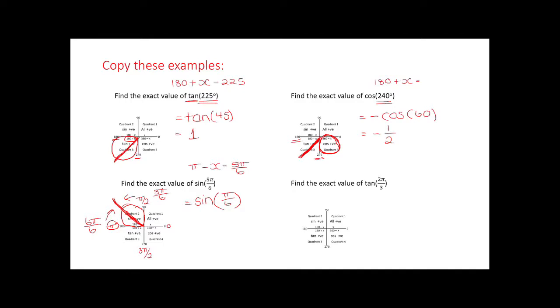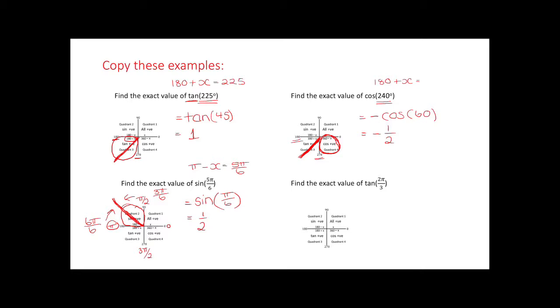So sine 5 pi over 6 is equivalent to sine pi over 6. So again, using your exact values in your radians, or by thinking about pi over 6 in terms of degrees, which would be 30 degrees, we know that sine pi over 6 is just equal to a half. So sine 5 pi over 6 is also equal to a half.